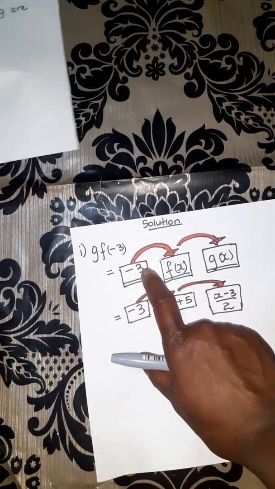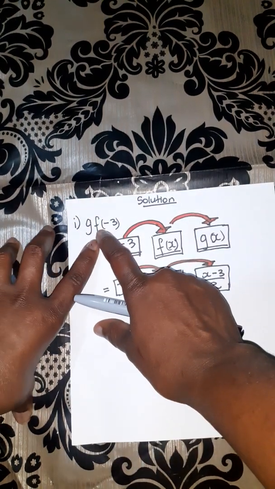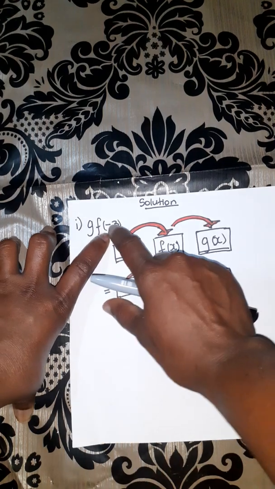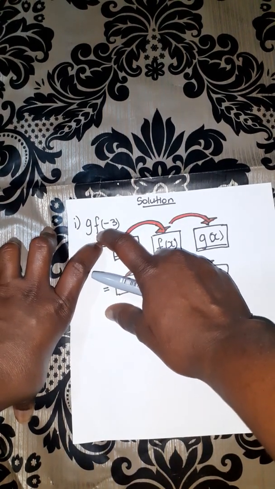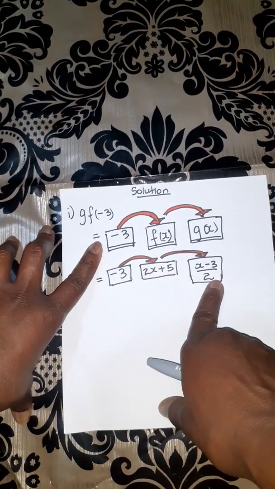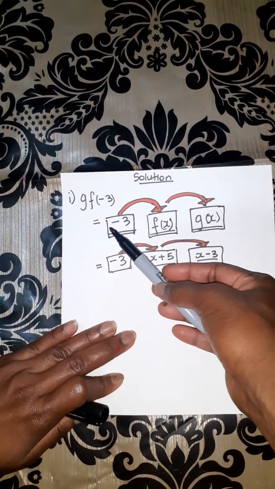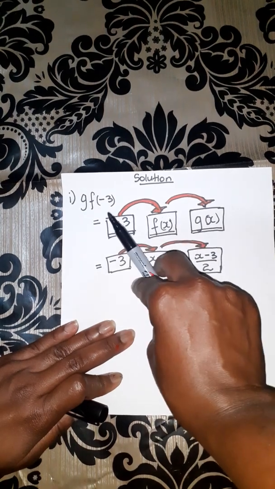Remember that whatever is to the right is our input. So negative 3 is to the right. We're going to put it into the f function, and then the result will be put into the g function. So let's do it bit by bit. Here I have my diagrams. Diagrams make things look so much easier.